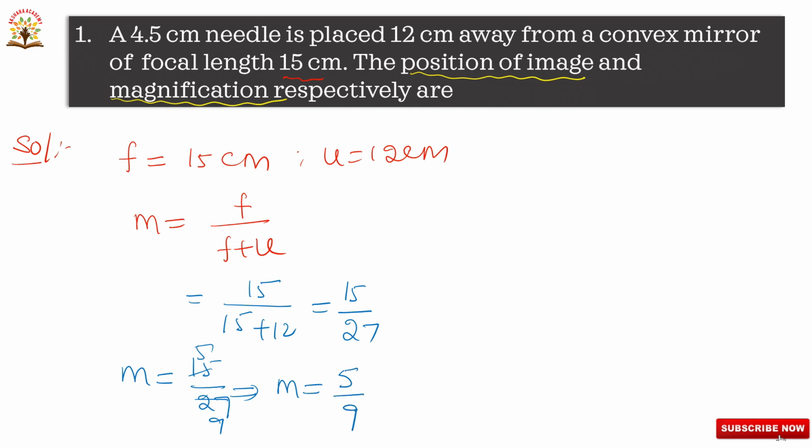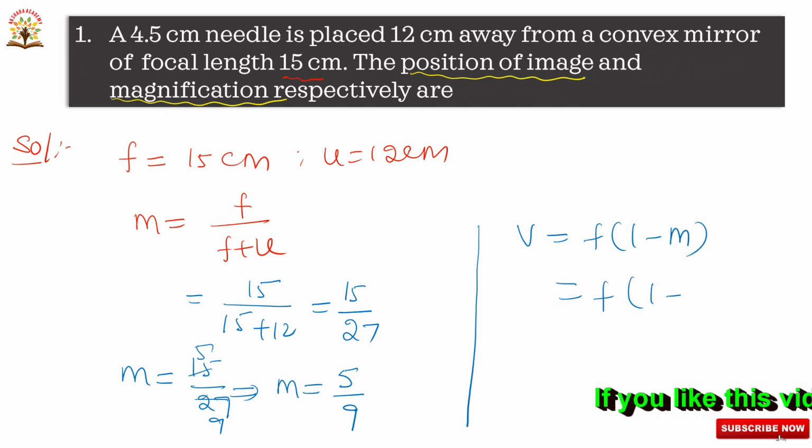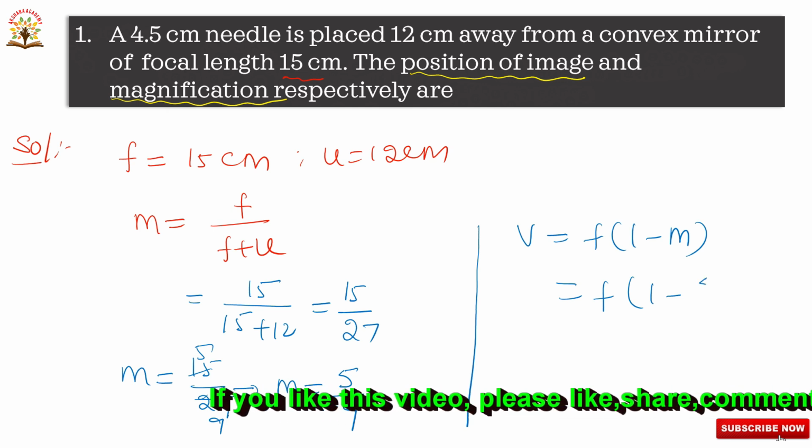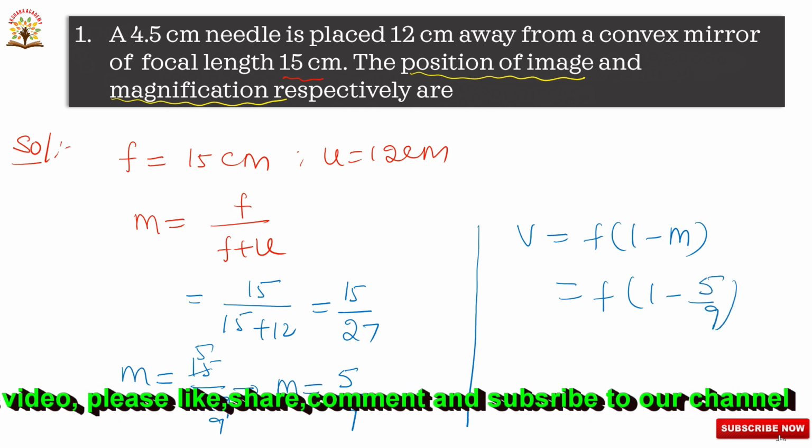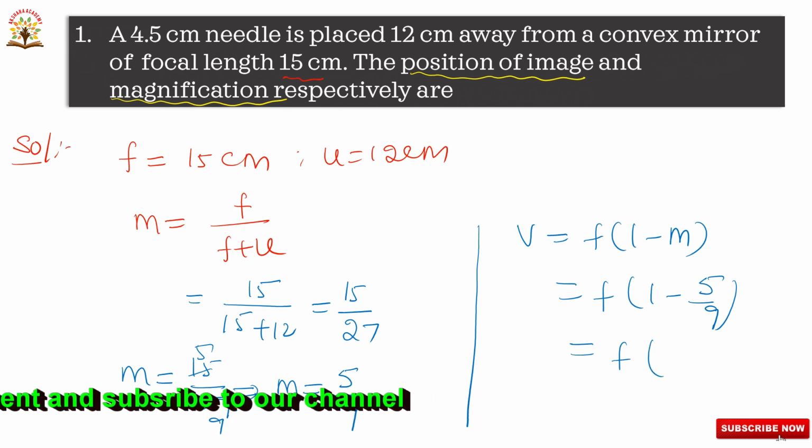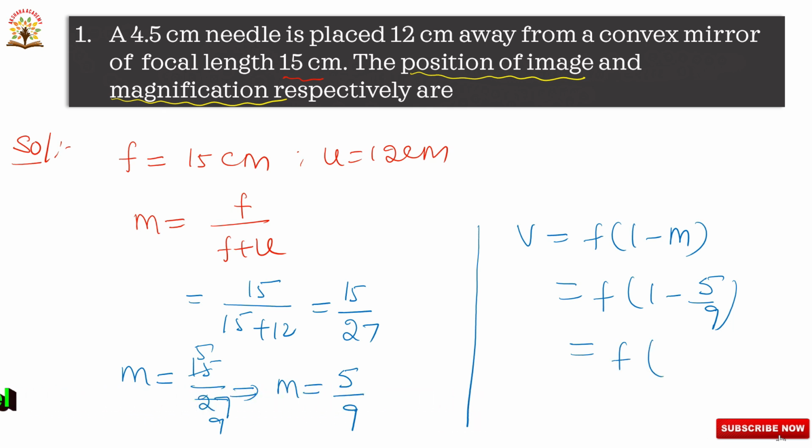Now we are finding image distance v is equal to f into (1 minus m), where we calculated m as 5 by 9. So that is f of, taking LCM, here f is given as 15 centimeter. Substituting, 15 of (1 minus 5 by 9), LCM 9, 9 minus 5, 4 by 9.